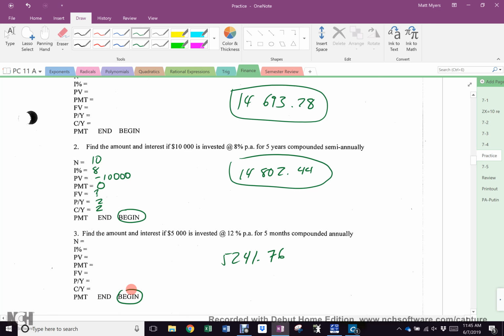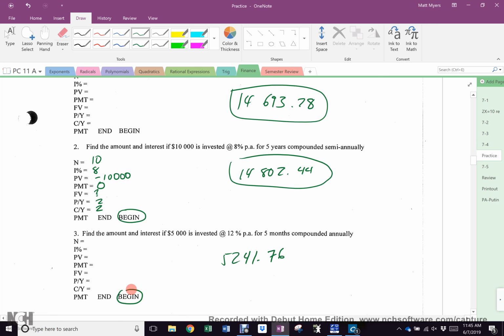Number is what we don't know. Interest was 5.3. Present value was negative, what was it, 3,000? 3,000. Payment was a lump sum, so it's 0. Future value is what we're shooting for, which was 4,000.